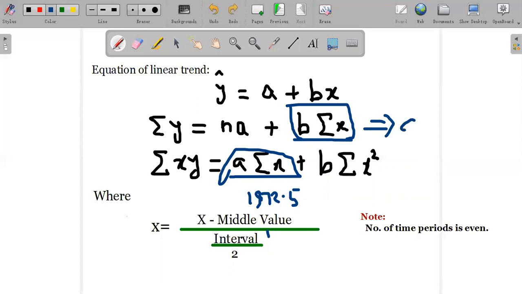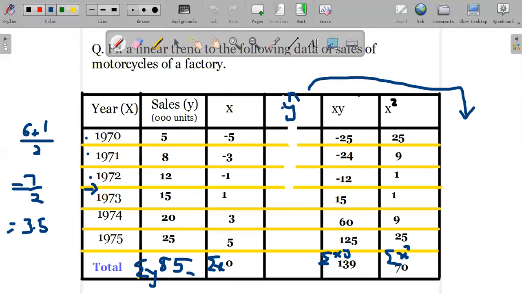So a is equal to summation y over n. Summation y was 85 here, you see.